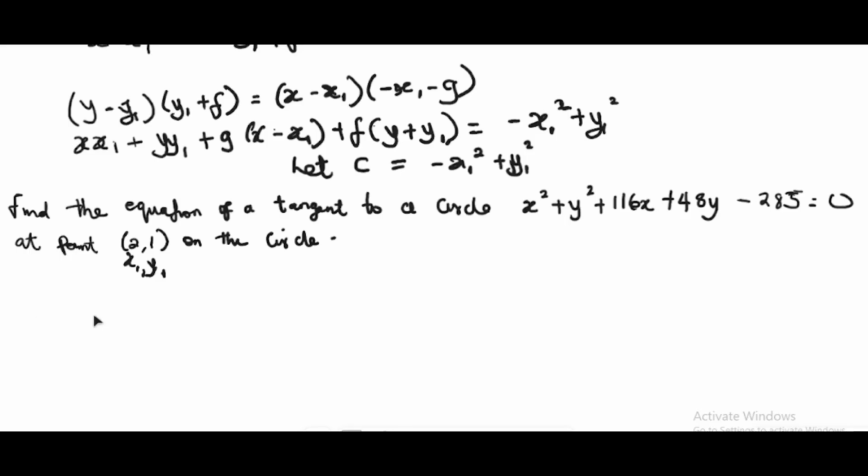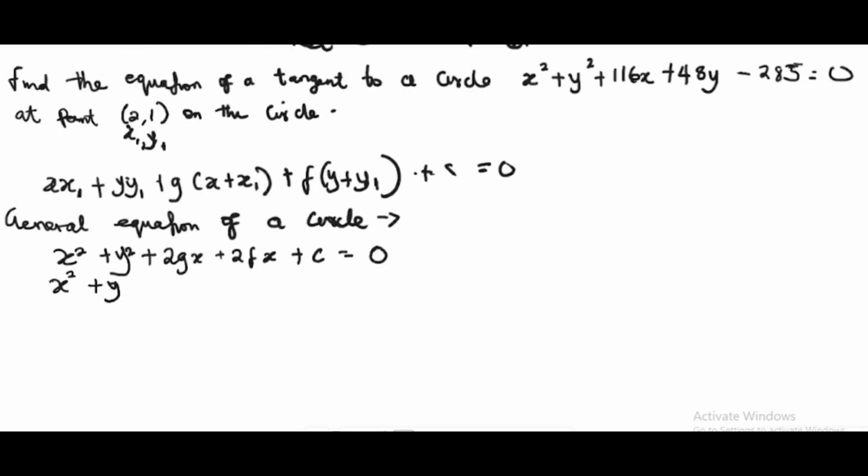So now we have the equation of a circle, when a tangent touches a circle, the equation formed to be xx1 plus yy1 plus g into x plus x1 plus f into y plus y1, plus c equals 0. Then we have the given circle: x squared plus y squared plus 116x plus 48y minus 285 is equal to 0.